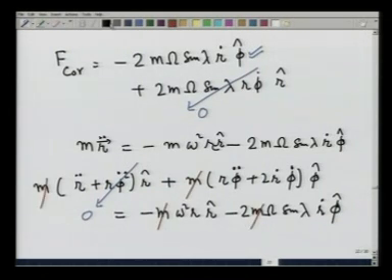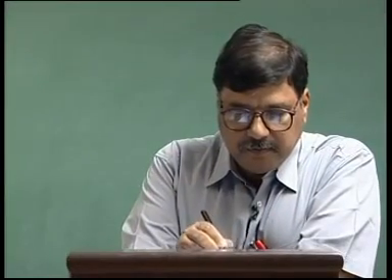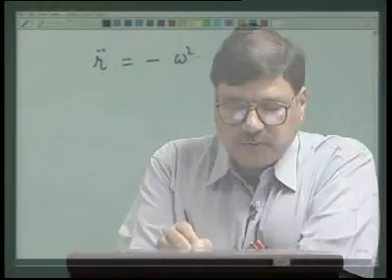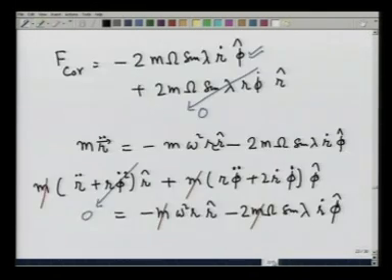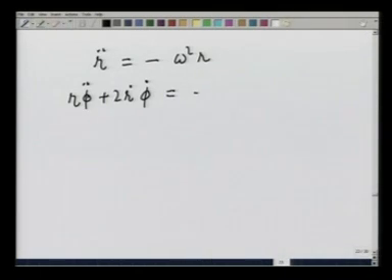So, my equations become r double dot equals minus omega square r and r phi double dot plus 2 r dot phi dot equals minus 2 omega sine lambda r dot.